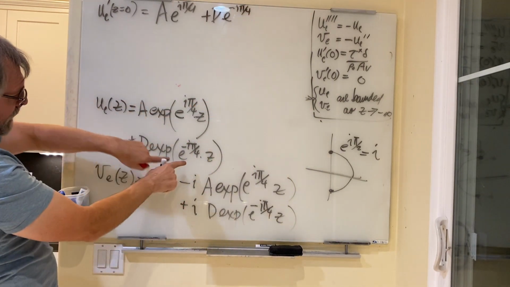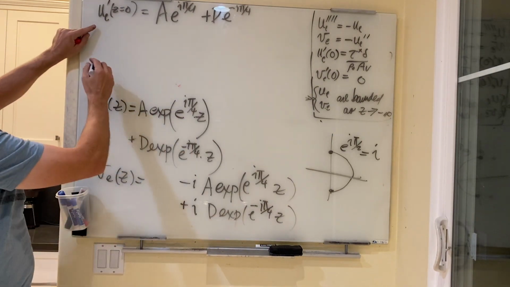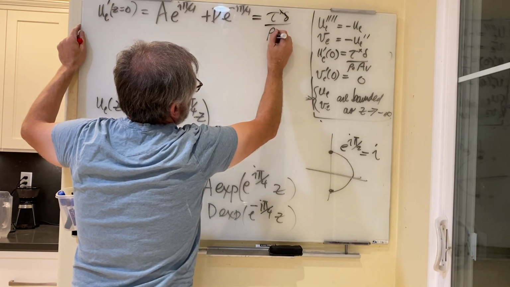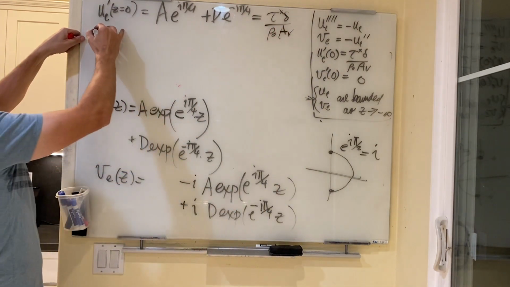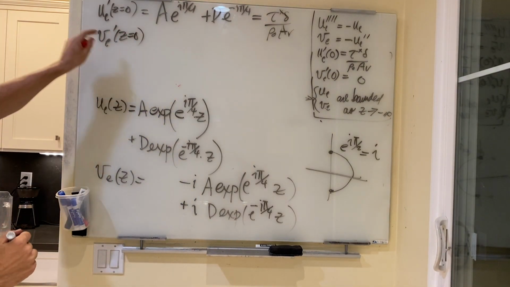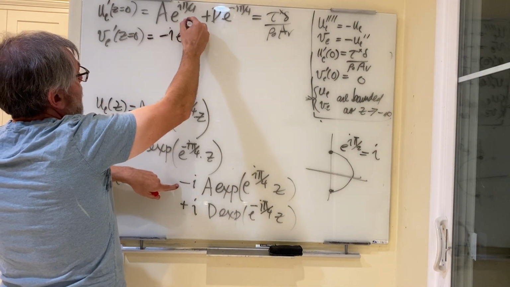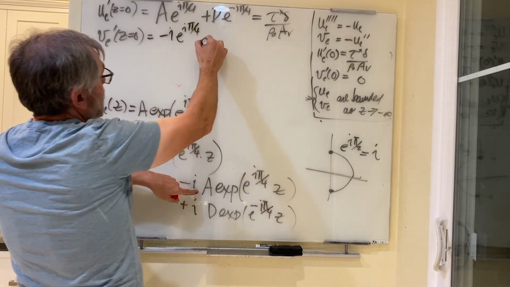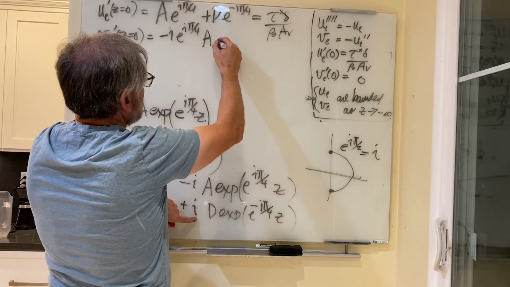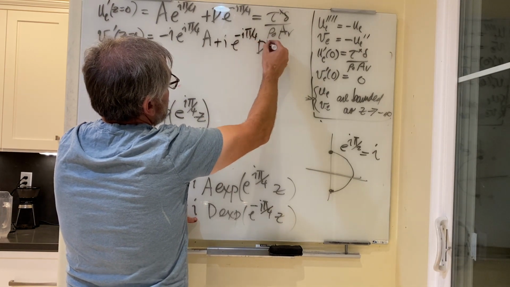Right? When I take one derivative, I pull this factor out front, times d. And that has got to be equal to tau x delta over rho naught a sub v. And then VE primed at z equals 0. I take one derivative, so that's equal to minus I e to the I pi by 4 times A. And then evaluating at 0, the exponential goes away. Plus I e to the minus I pi by 4 times D equal to 0.